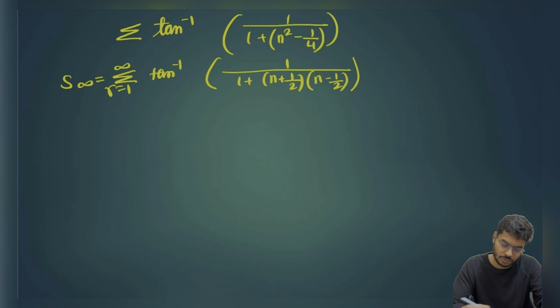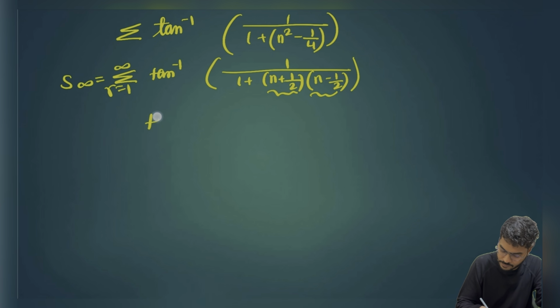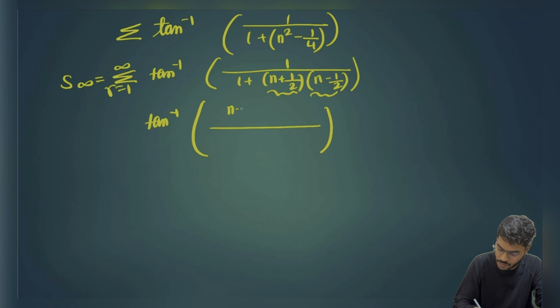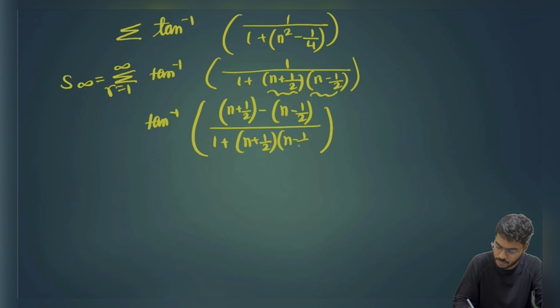How to convert the numerator? Can I write the numerator as the difference of these two values? n plus 1 by 2 minus n minus 1 by 2, over 1 plus (n plus 1 by 2)(n minus 1 by 2).